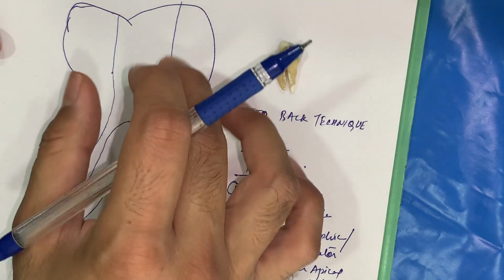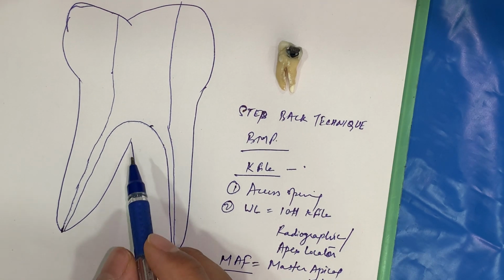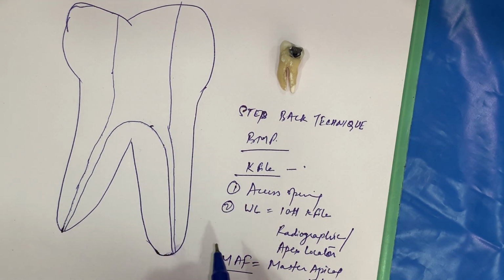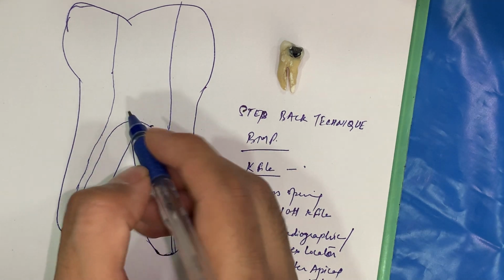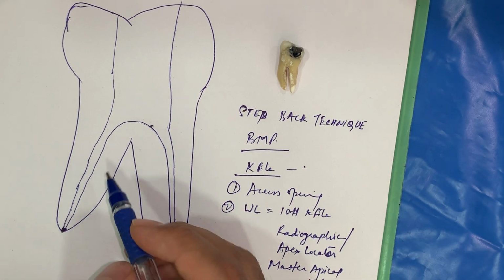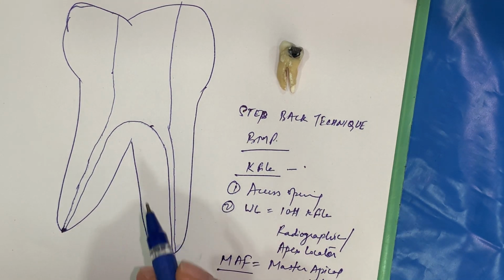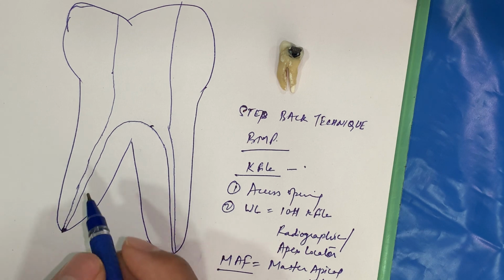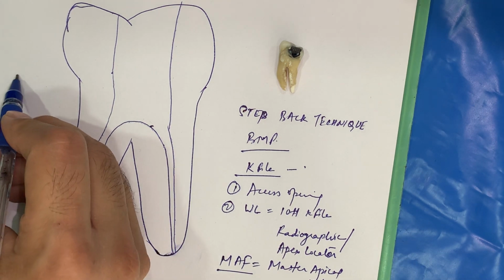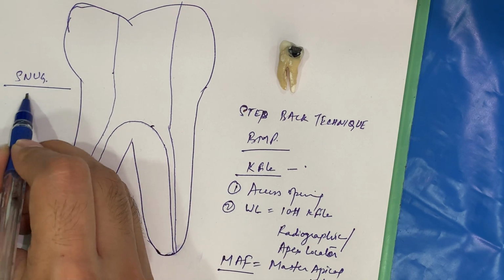After doing the axis opening, we will determine which file snugly fits at our apex. Again I'll tell you, we have to determine what size file snugly fits, or what file is snug at the apex.